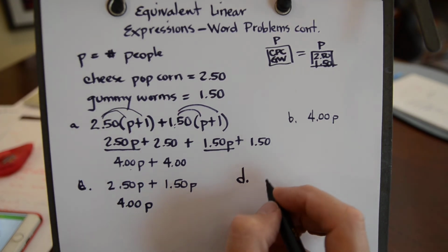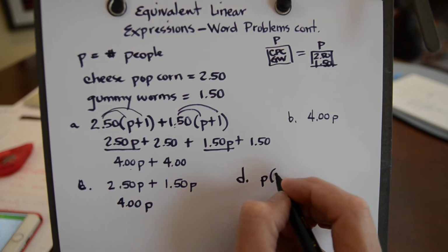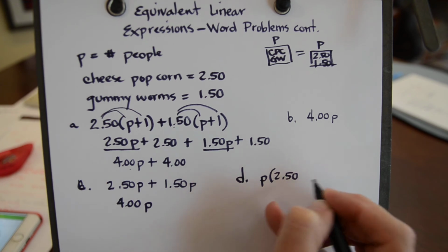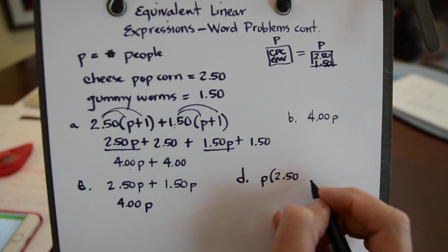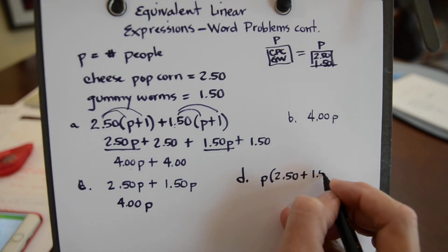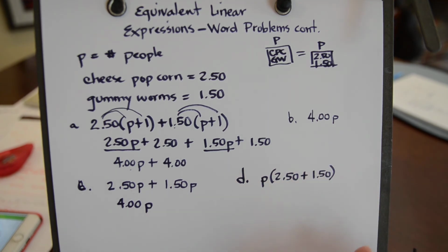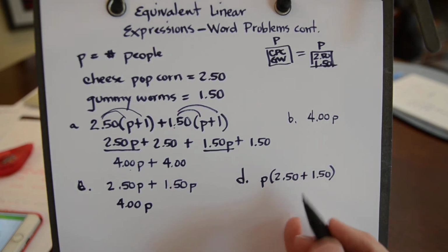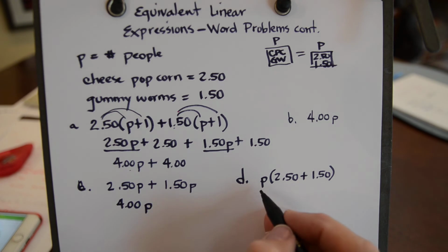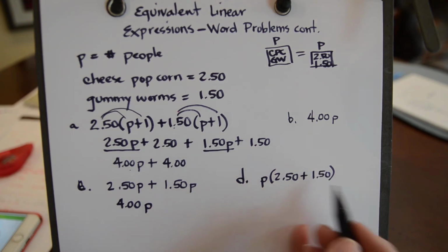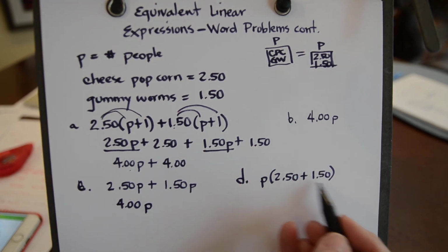And that is P times (2.50 plus 1.50). At this point, it is the distributive property, and I could distribute it to both of them, but I also have like terms inside the parentheses, so I should do that first. This gets me to 4.